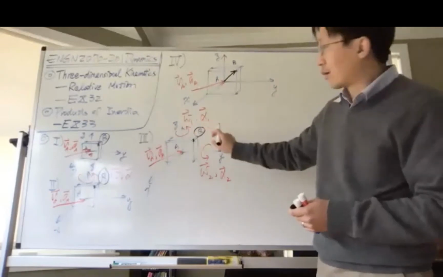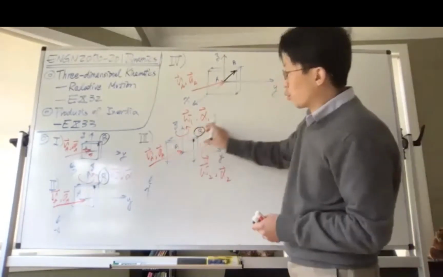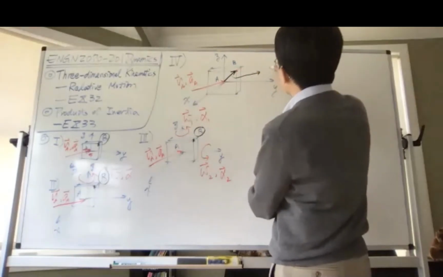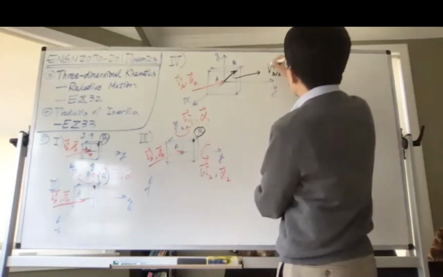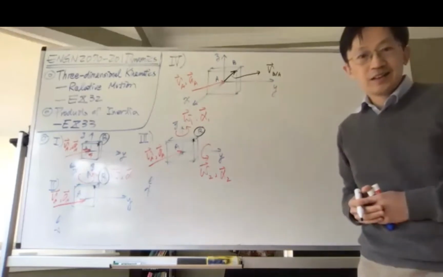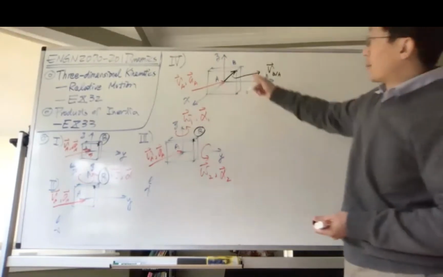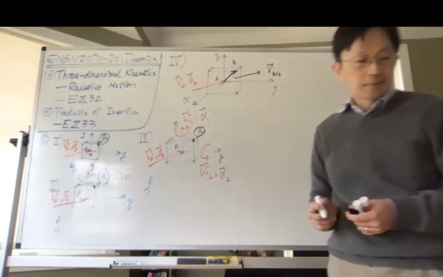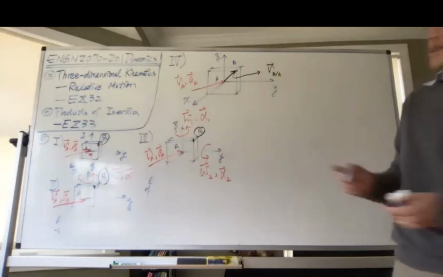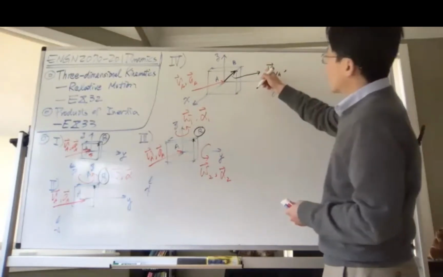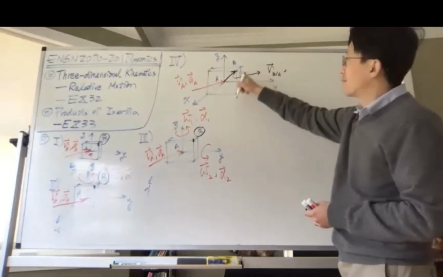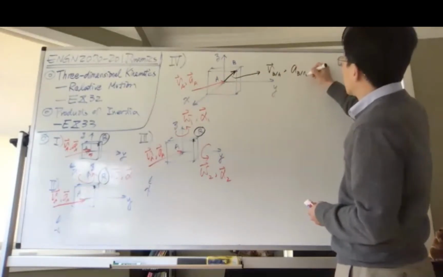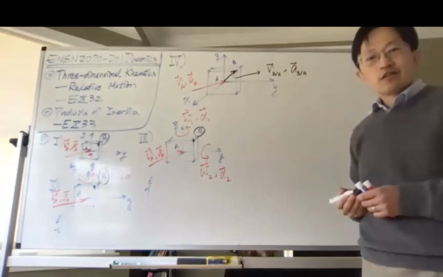That means whenever A moves, B will move along. But in this case, there's a relative velocity. Because it's relative, point B can actually move with respect to point A. So we're going to say that there's a relative linear velocity from B to A, and there's always going to be a relative linear acceleration from B to A.